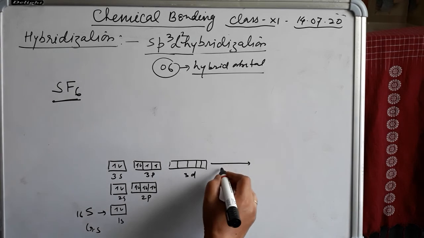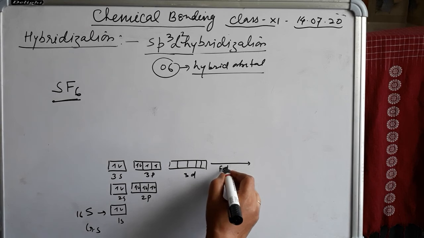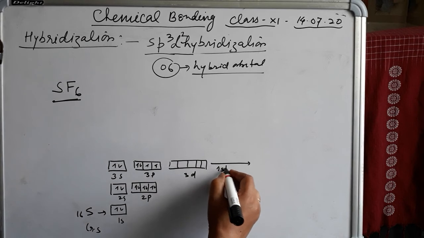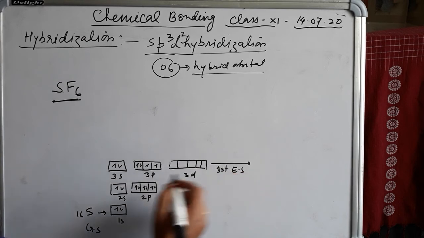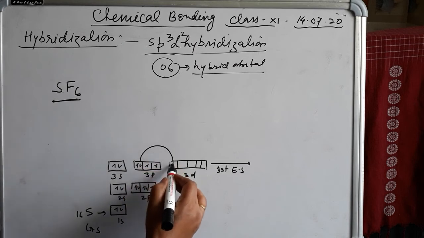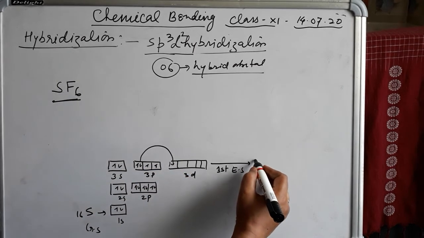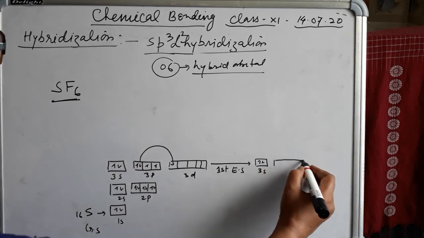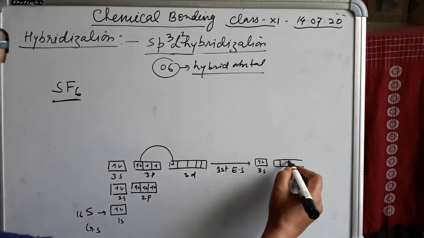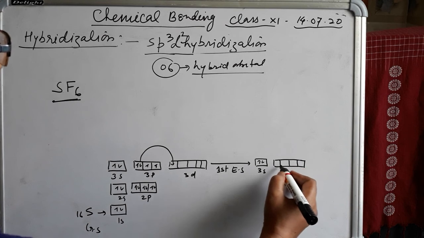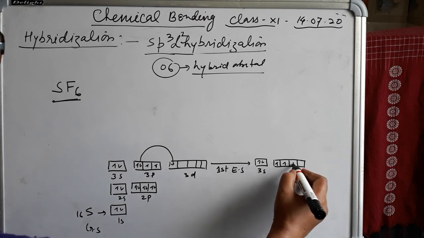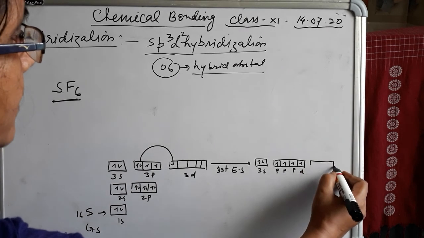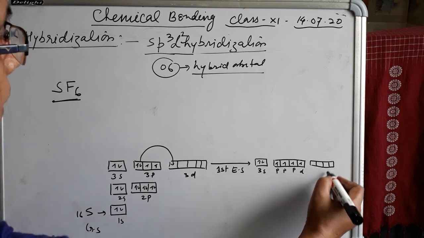So in the first excited state, this p electron goes to the 3d, so it becomes 3s2 and 3p 1, 2, 3 and 4, P, P, P and 1 D, and this D becomes vacant.